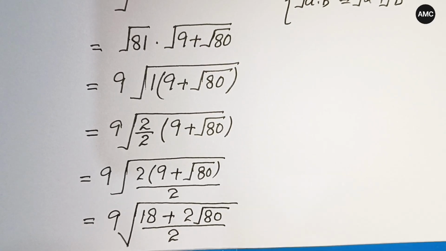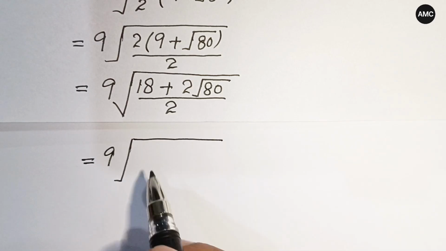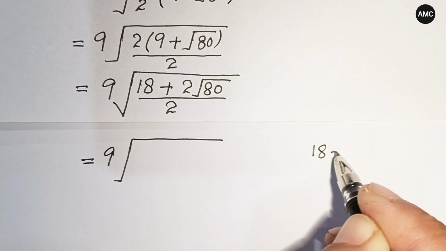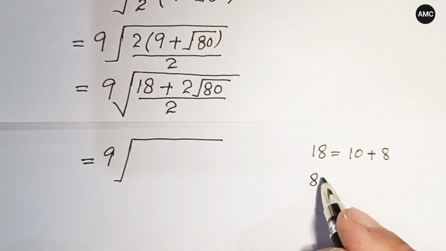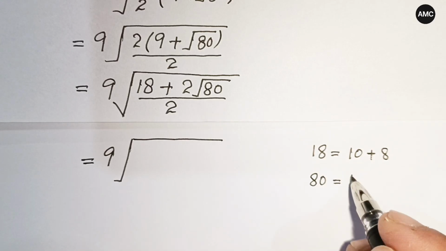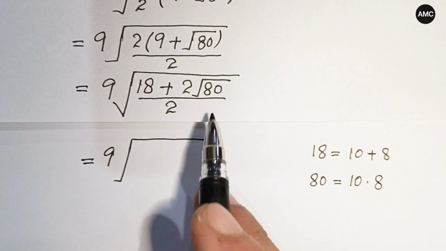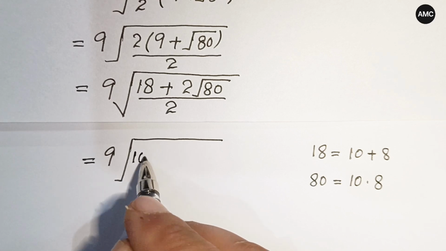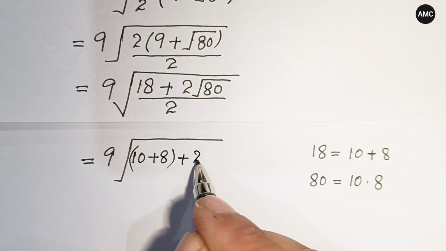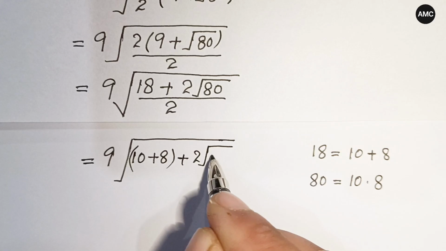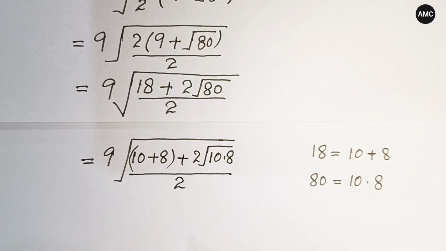So our next step will be now 9 times square root of, this 18 can also be written as 10 plus 8, and this 80 is 10 times 8. So substituting these factors here, 18 is equal to 10 plus 8, and 2 times square root of 80 is 10 times 8 all over 2.